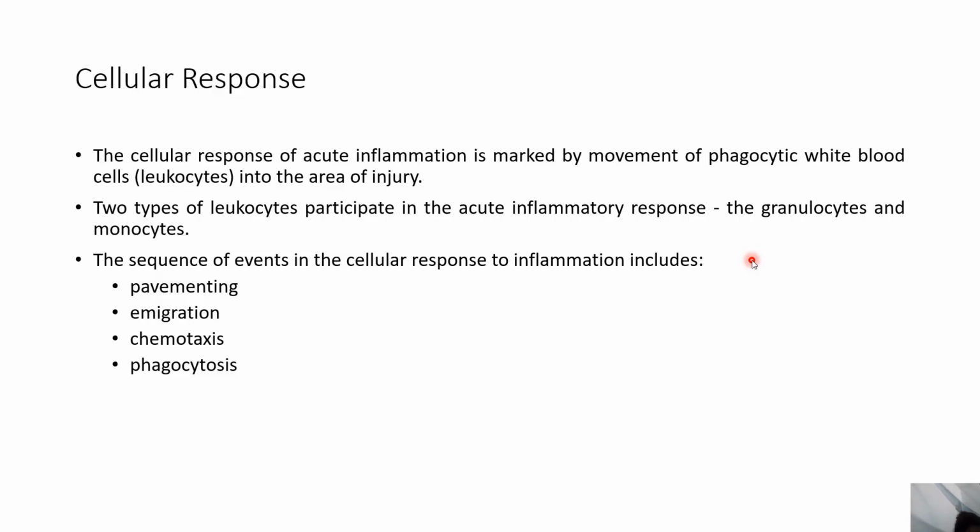Now, the meaning of emigration, chemotaxis, and phagocytosis on the basis of immunology: emigration, which is also called diapedesis, is basically the movement of leukocytes out of the bloodstream into tissues. It happens during inflammation. Cells pass through the endothelial lining of blood vessels, and the key idea is blood to tissue movement. Chemotaxis, however, means something different. It's directed movement of cells towards a chemical gradient.